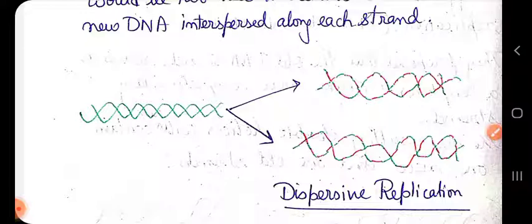During replication the parental DNA molecule will obviously be used as a template, but the two new daughter DNA molecules will have parts of old and new DNA interspersed with one another along each strand. It will look like this.